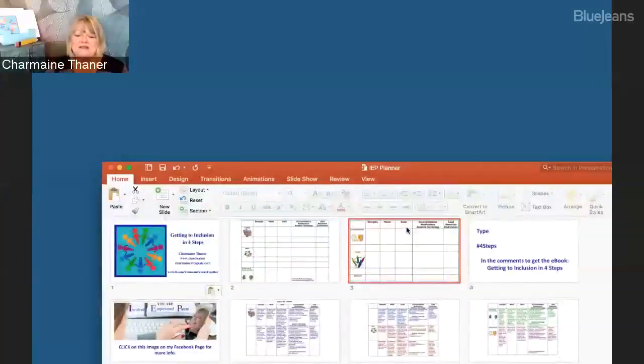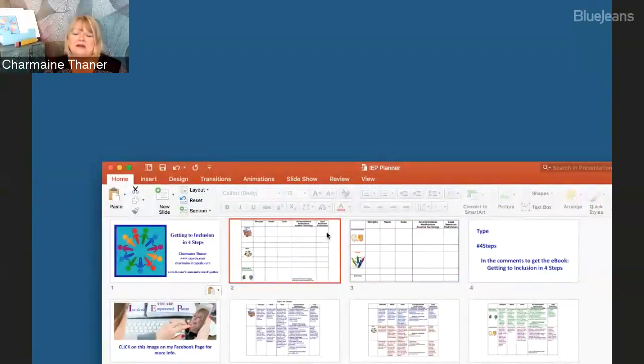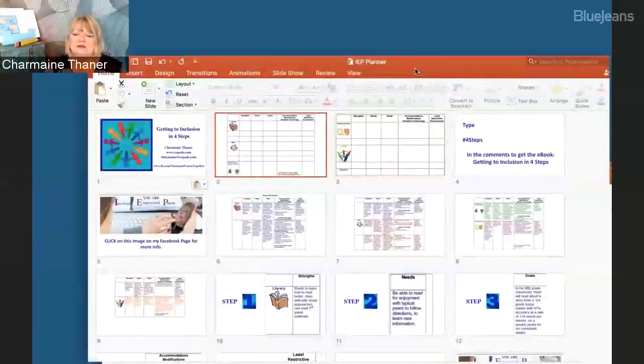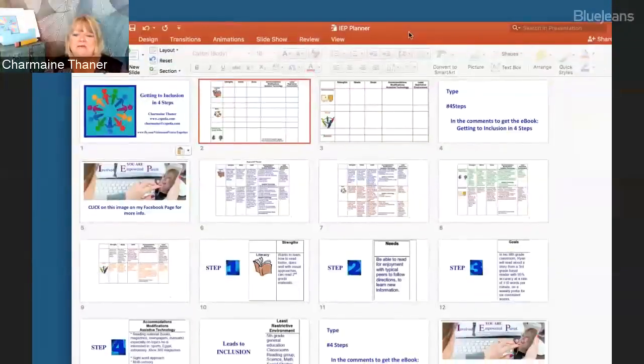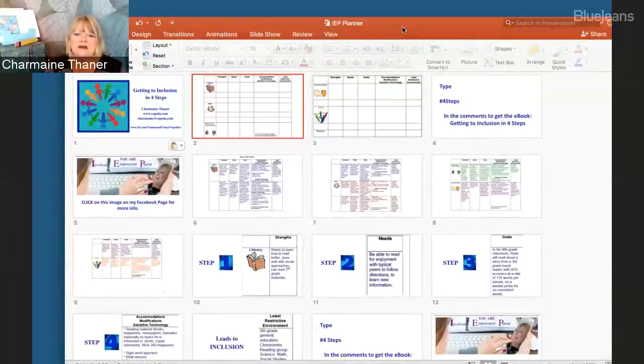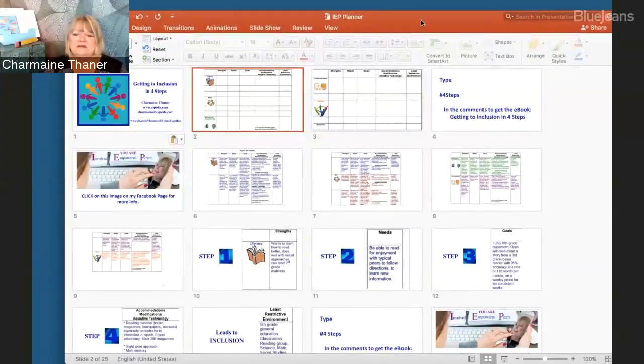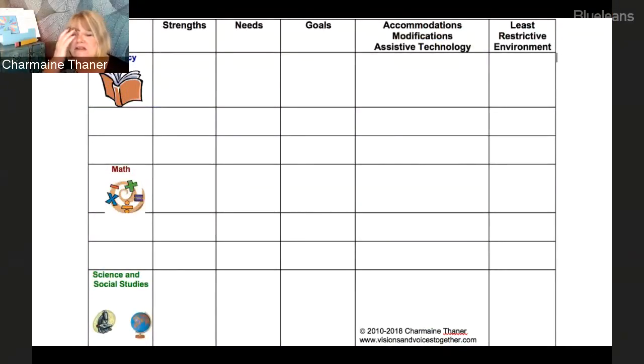As I said, when I first started doing advocacy work, I made this tool for myself. And what I wanted to do was to keep track of what was written when I saw draft IEPs, because sometimes it can be really confusing, right? So I just looked at different areas like literacy, math, social studies, and science.